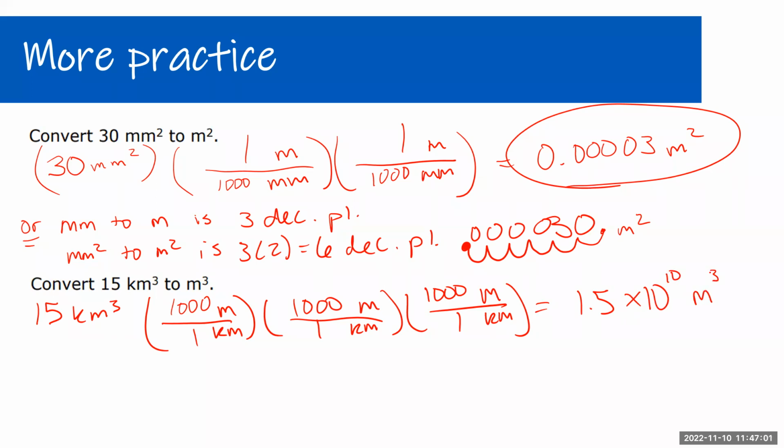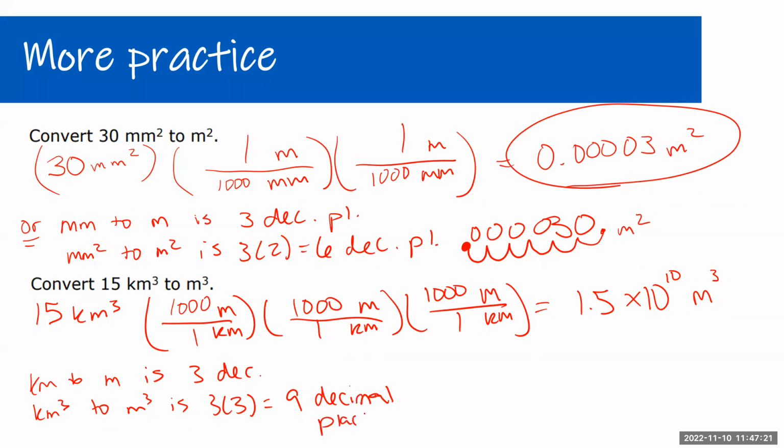You could also think about kilometers to meters. It's 3 decimal places. So kilometers cubed to meters cubed is going to be 3 times 3, which is going to be 9 decimal places. So we're going down, so we're going to move to the right.